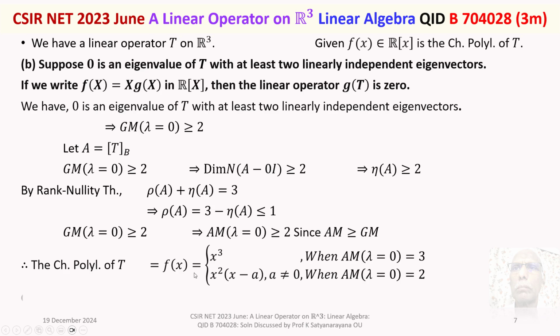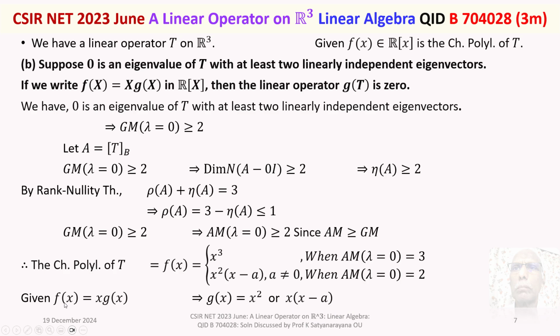So we are given f of x is equal to x times g of x. x times g of x equal to x cube will imply g of x is x square. x times g of x equal to x into x square into x minus a will imply g of x is x into x minus a.